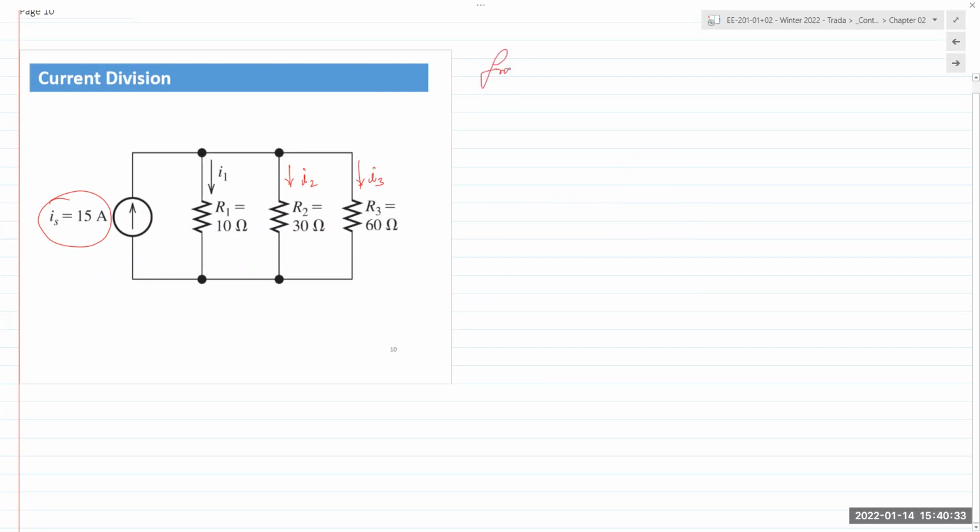So I would say from the current division principle, I can say I1 is equal to IS times Req over R1. I2 is IS times Req over R2. And I3 is IS times Req over R3.